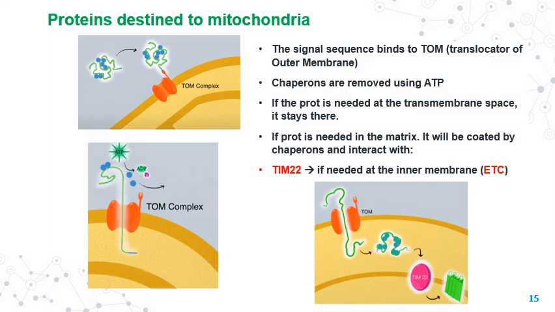So here is the picture of what is happening between TOM and TIM. Here it's showing that they are not interacting with each other, but you really also have the option in which they do interact with each other.